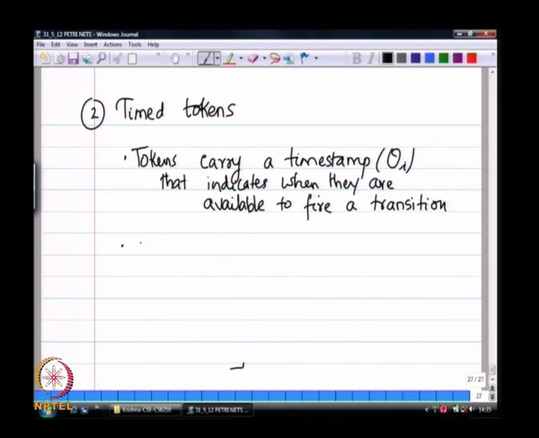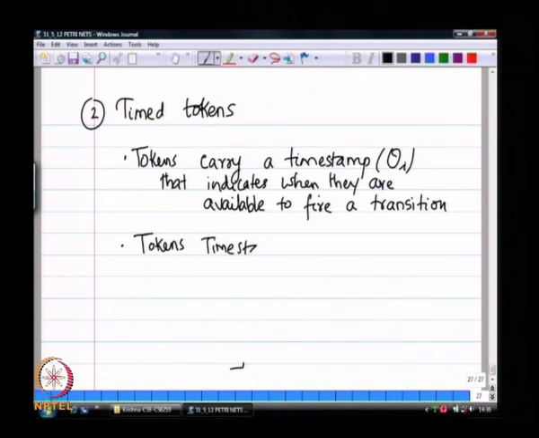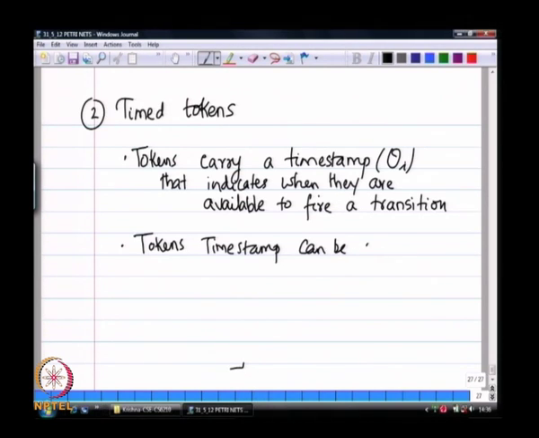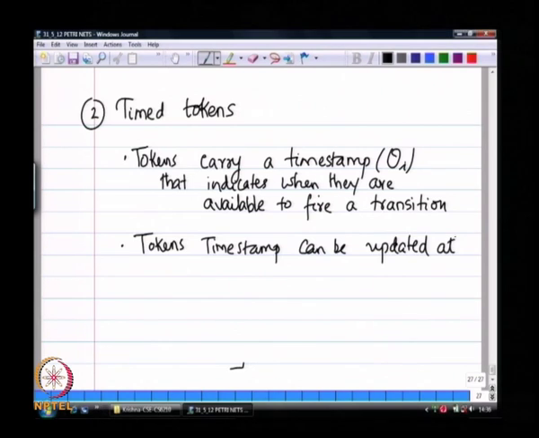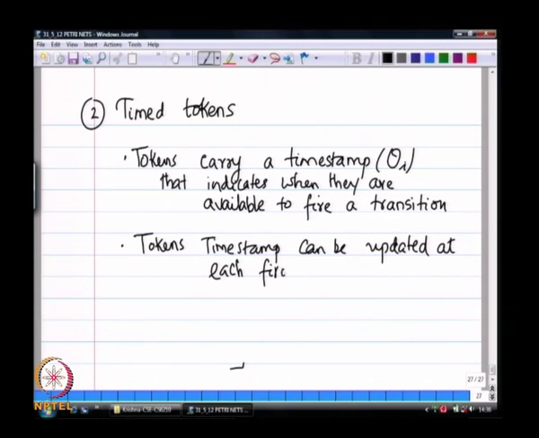And the token's timestamp can be updated as it progresses in the system, at each firing that it encounters.